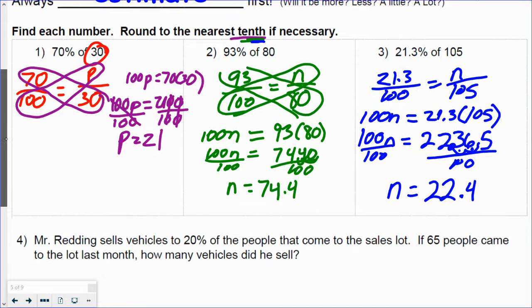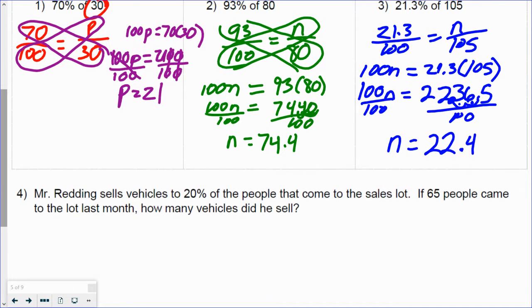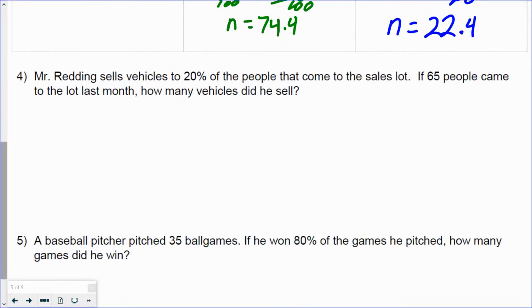And that is how we use our proportions to find the part of a whole number given. Now, of course, we have to have word problems. We actually do come across percents quite a lot in life. As an adult, I'm always trying to find percents of certain situations, and we'll talk more about those on our guided practice. So Mr. Redding sells vehicles to 20% of the people that come into the sale lot.